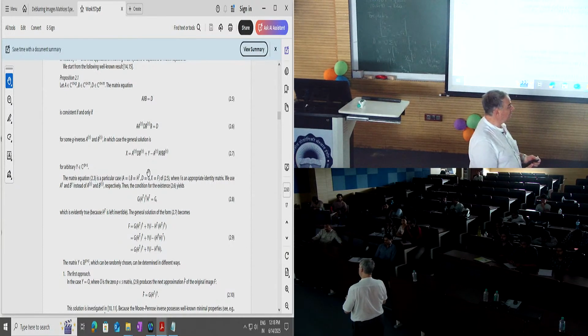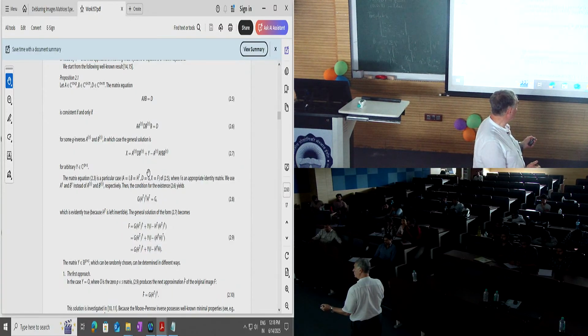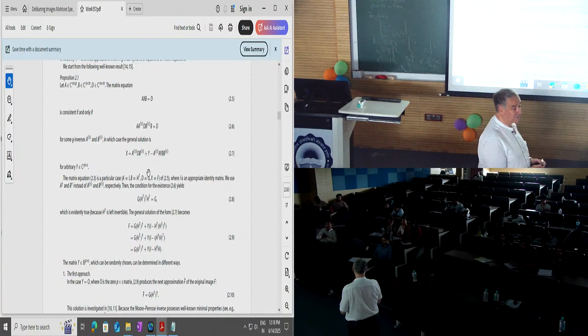In this way, we continued the restoration. Instead of using only the Moore-Penrose part, the best approximate solution part, we used the least square solution part.